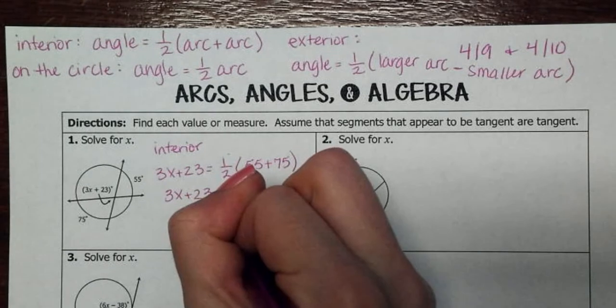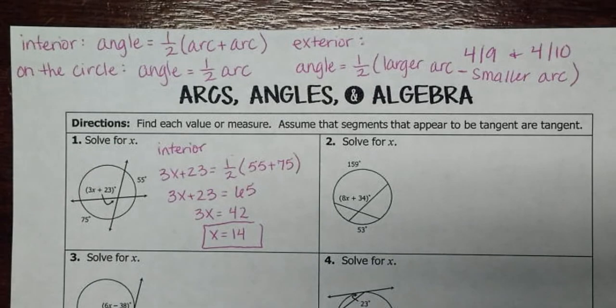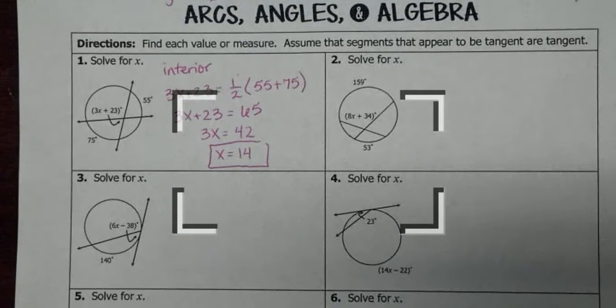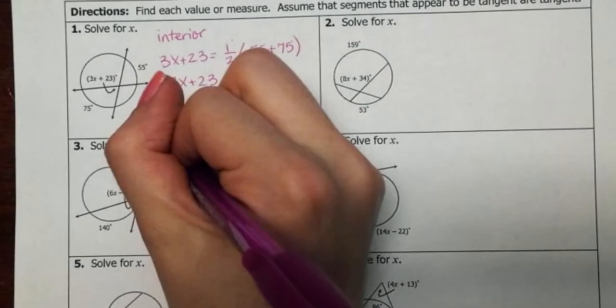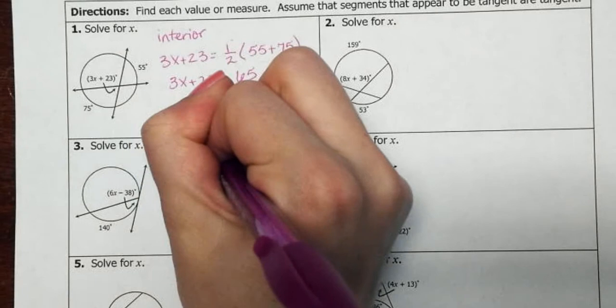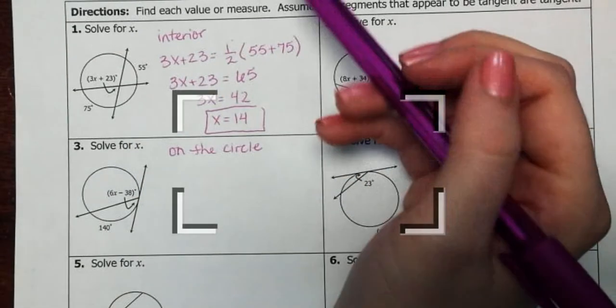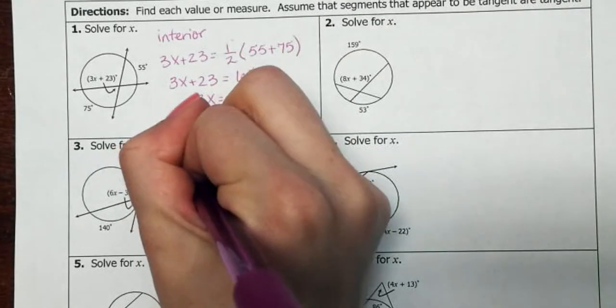Okay. And I'm just going to work a few of these problems with you. So, like on number 3, this intersection happens on the circle. So you're going to follow the rule, the angle equals half the arc. So my angle in this case is the 6x minus 38.